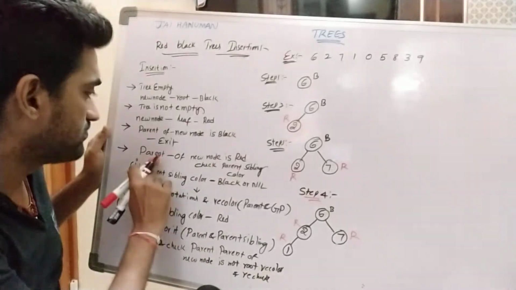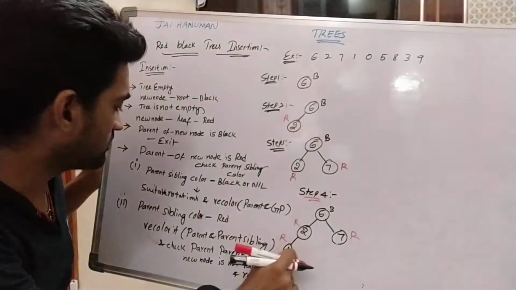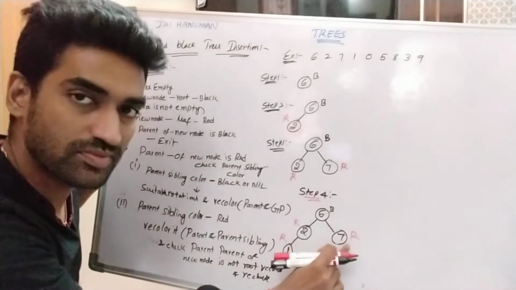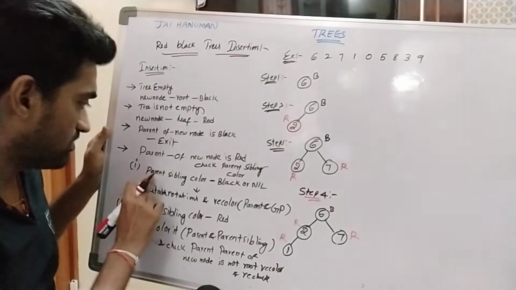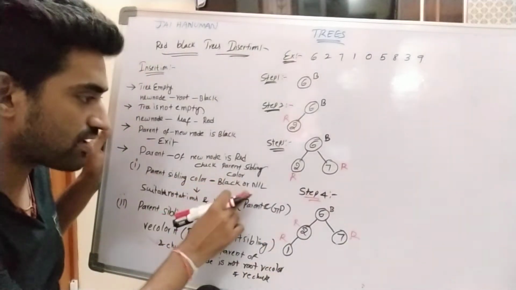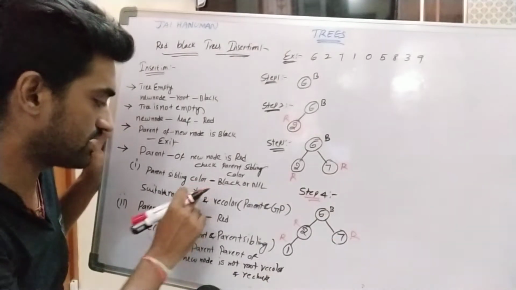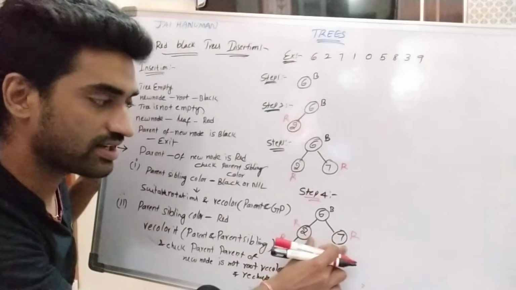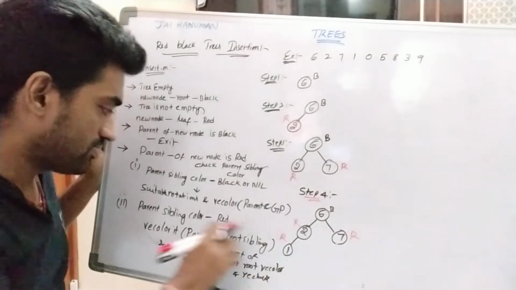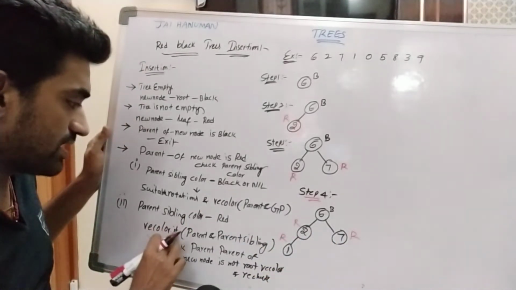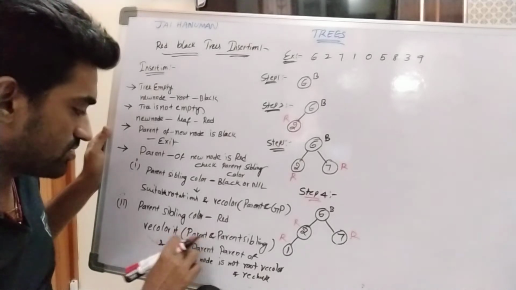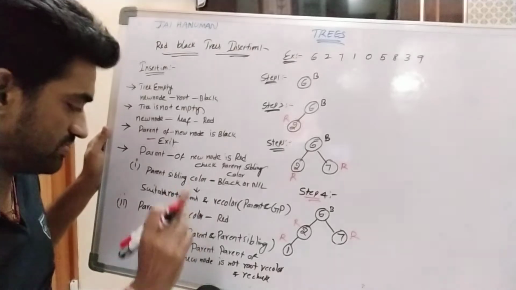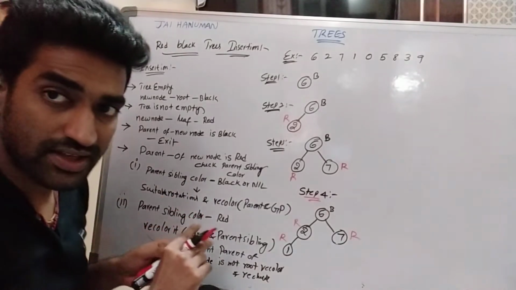The new node's parent is red, so check the parent's sibling color. If the parent's sibling color is black or null, no, that case does not exist here. The parent's sibling color is red, so we recolor the parent and the parent's sibling, right?